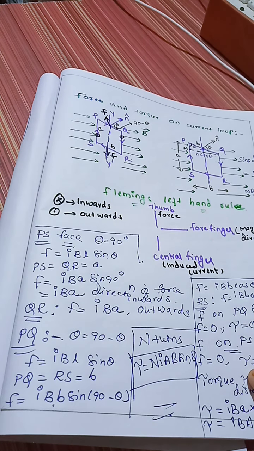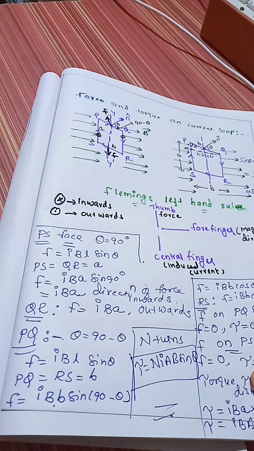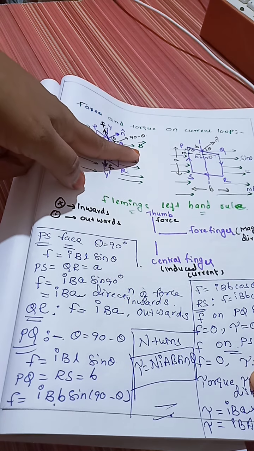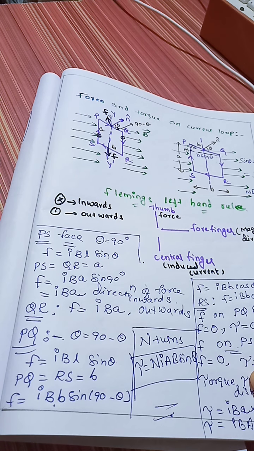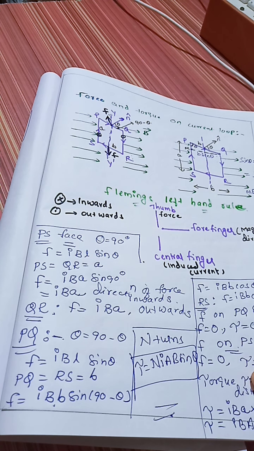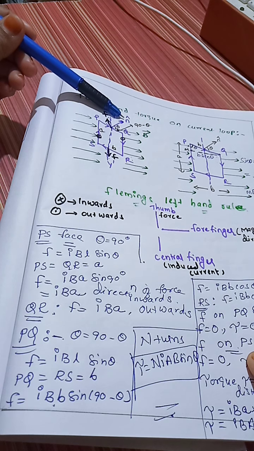Okay. Now let us consider the PQ face. In the case of the PQ face, the current is flowing in the same direction as the field direction, or along the field direction. So first let us calculate the force value. Here we drew an outward normal from the PQ face.